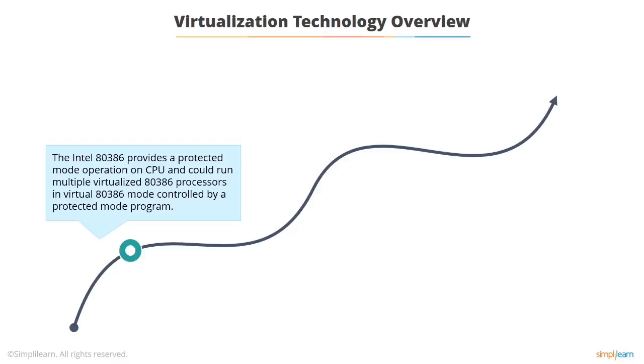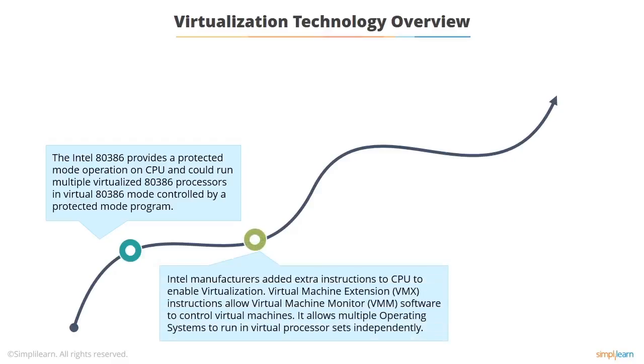Then what happened was that the chip manufacturers, such as Intel, realized that this was going to be an important technology, and they added instructions to the CPUs which enabled virtualization to be controlled more easily.